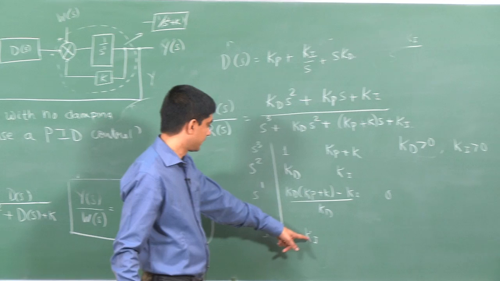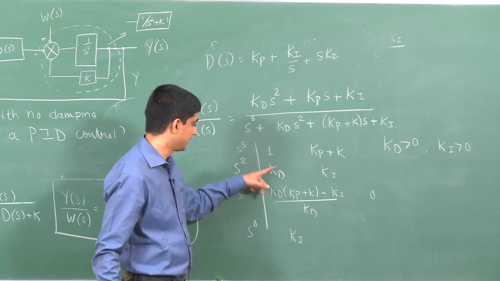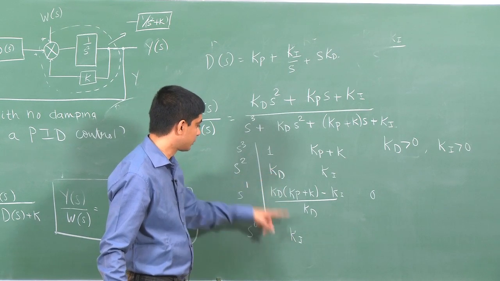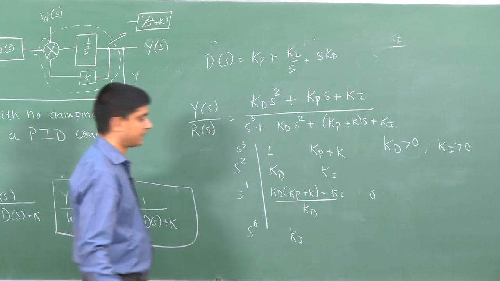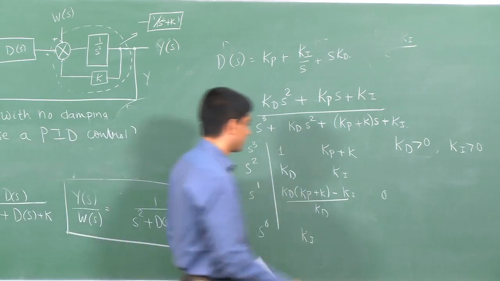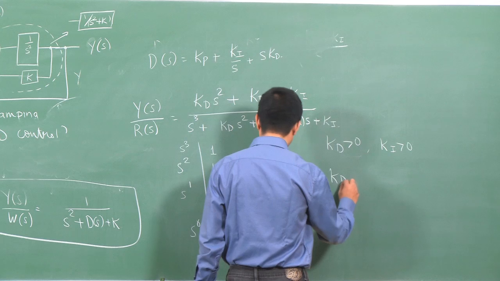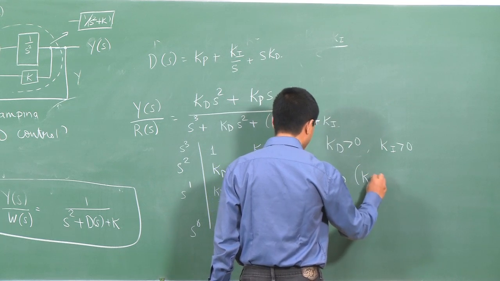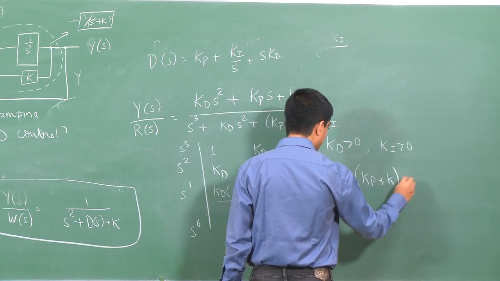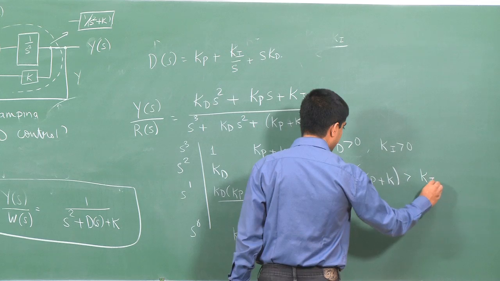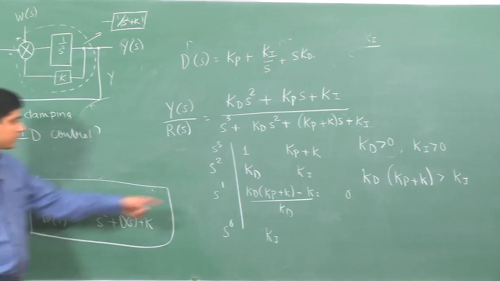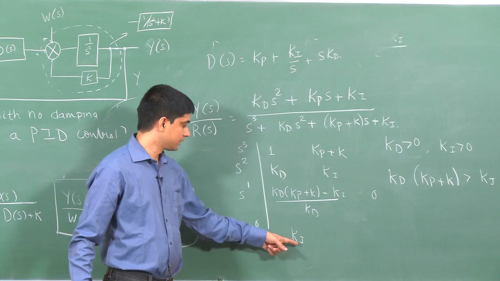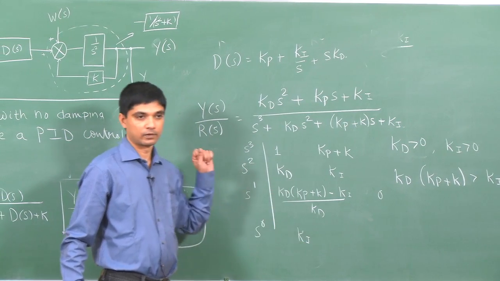So, Ki should be greater than 0, Kd should be greater than 0. If these two are true, you plug it in here and you will find this also to be greater than 0. So, the additional condition we need to impose is Kd times Kp plus K is greater than Ki, for the system to be stable. The second one would mean Kd should be greater than 0, Ki should be greater than 0, and this is the third one.